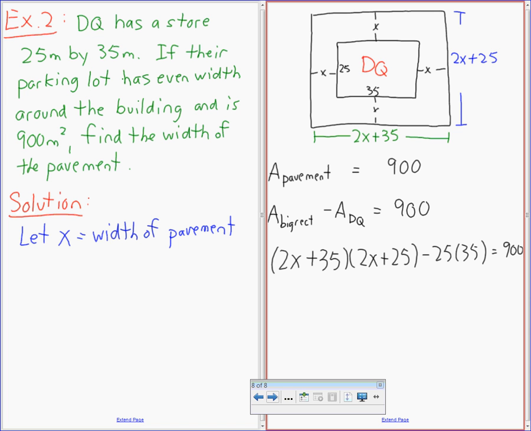All right, Jasmine, can you FOIL out the left-hand side for me, please? 2x times 2x is? Good. 4x squared. 2x times 25 is? Good. 50x. 35 times 2x is? Good. 70x. 35 times 25, I don't know off the top of my head.